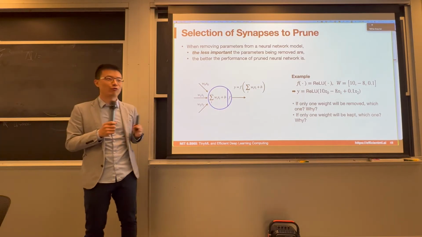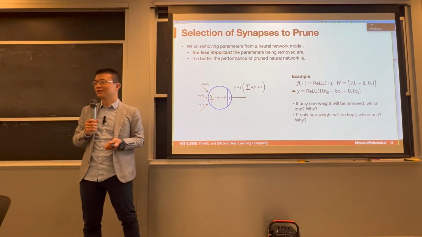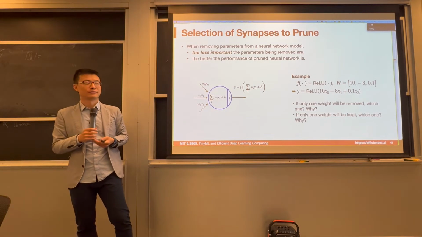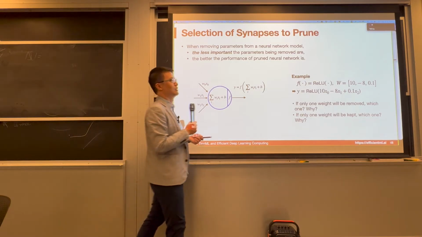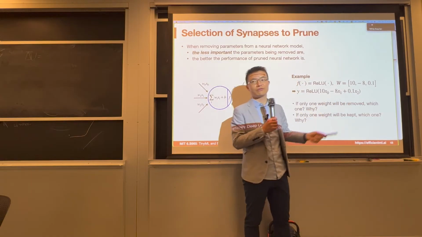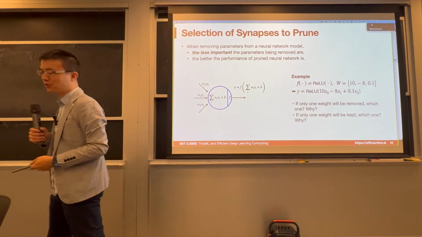If you are forced to prune away one of the weights, which weight would you intuitively prune? The small one, the 0.1.